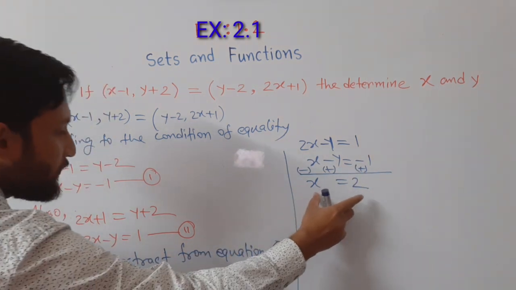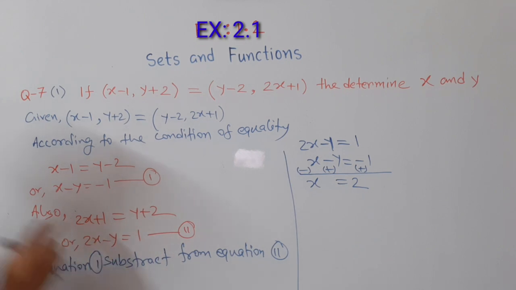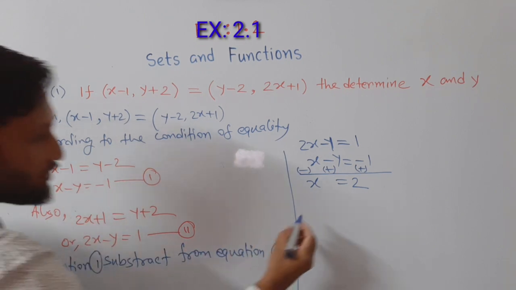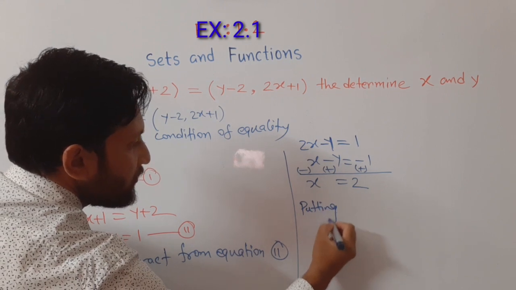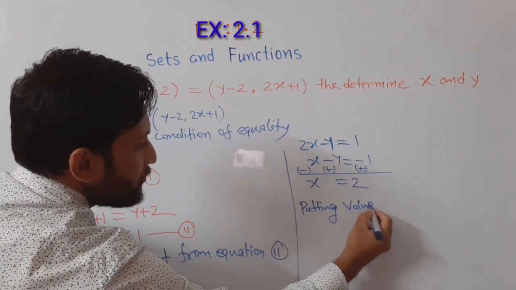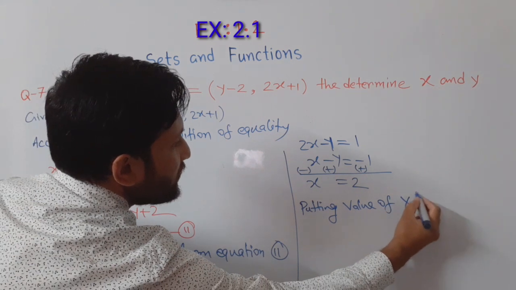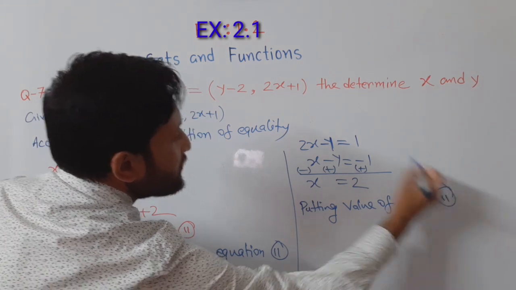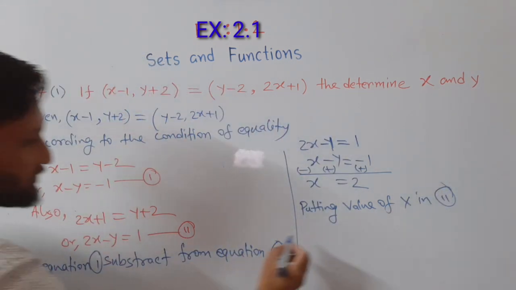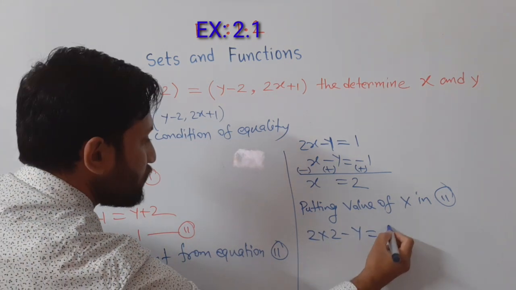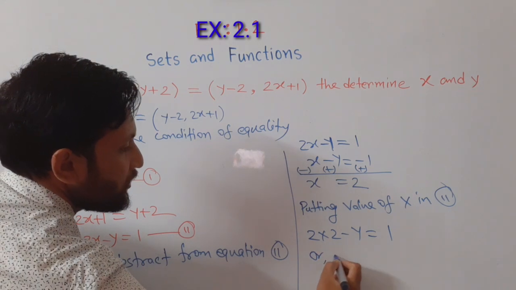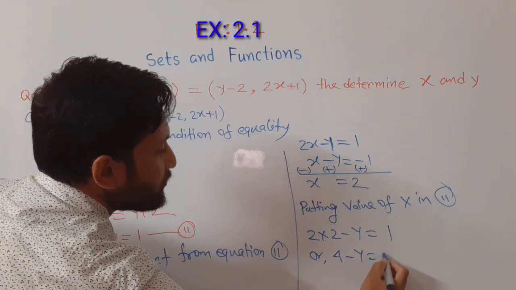Now putting the value of x in equation 2, we can find the value of y. Putting the value of x in equation 2 or in equation 1, see that 2 into 2 minus y equals 1. So we can say that 4 minus y equal to 1.